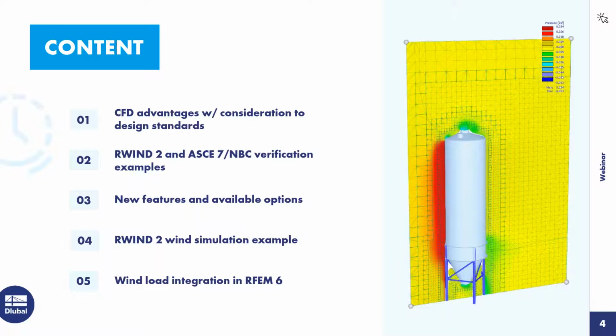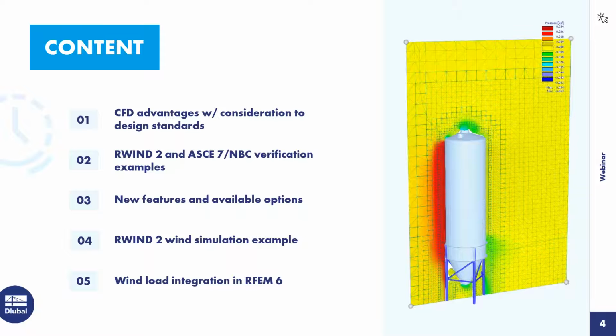So as far as the content over the next hour today, I do want to begin with several CFD advantages, especially with consideration to the design standards such as the ASCE 7 and the NBC. I'll then show you a few verification examples that we have available, comparing RWIND 2 results to these standards.